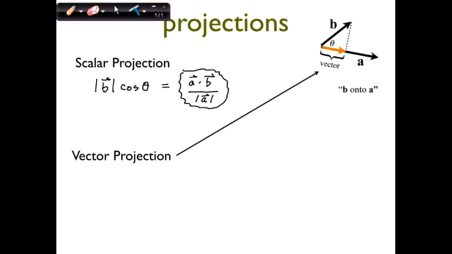You have everything you need. So what do you notice about that vector? It's in the same direction as A. So what? It's a scaled version of A. How do we get scaled versions of A? What do we do? First, you find the unit vector of A.